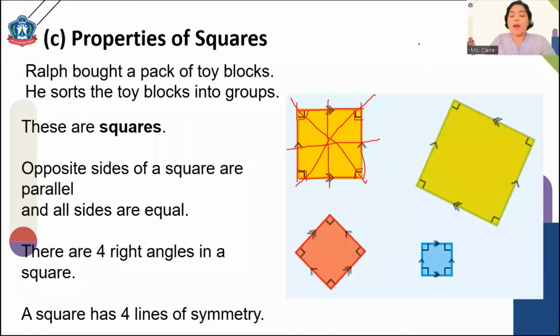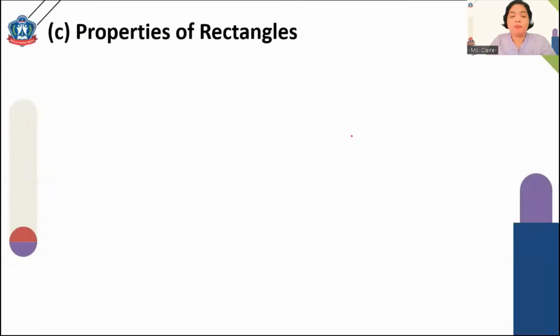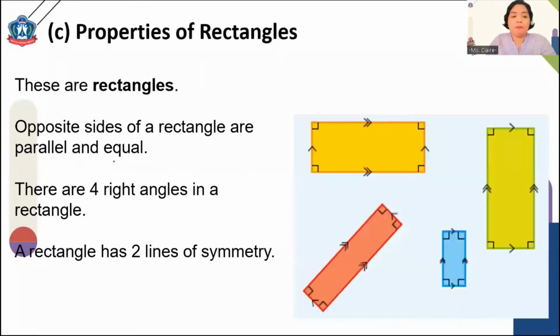So again, a square has opposite sides that are parallel lines. All sides are equal. It has 4 right angles and it has 4 lines of symmetry. Next, we have a rectangle. Take a look. Opposite sides of rectangles are parallel and equal.